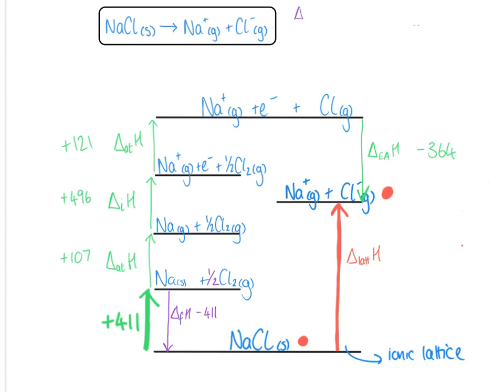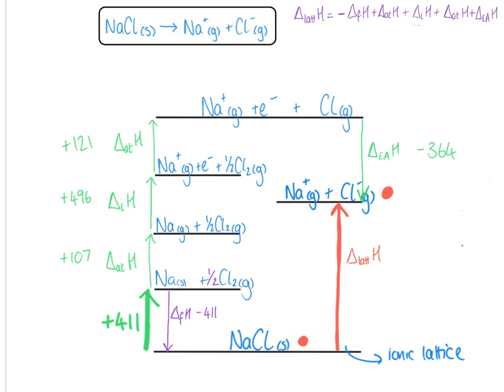And we can see that the lattice enthalpy is equal to the negative of our enthalpy of formation plus the enthalpy of atomization of our sodium plus the first ionization energy of sodium, following around our cycle, plus the enthalpy of atomization of chlorine plus the electron affinity of chlorine.